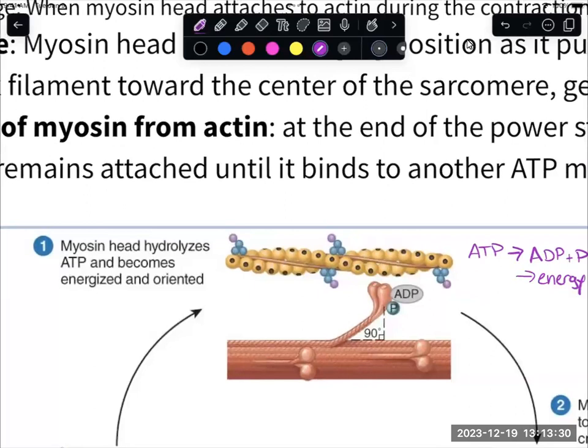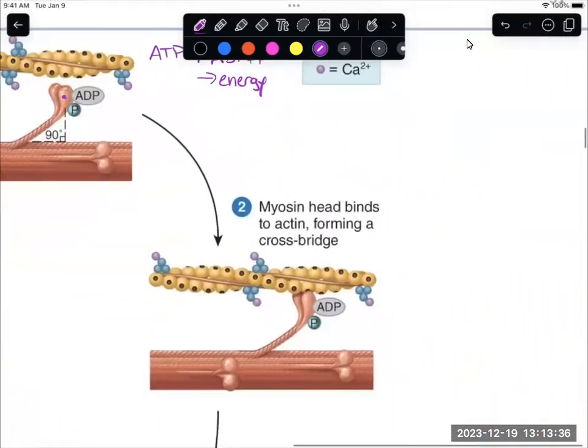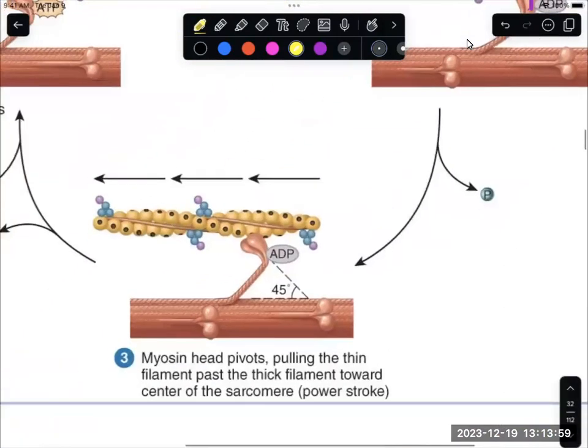This energy gets stored in this myosin head. Next step, this myosin head is going to bind to that actin, so it forms this cross bridge. Cross bridge meaning this myosin and this actin here. This myosin head came in contact with this actin. That forms the cross bridge.